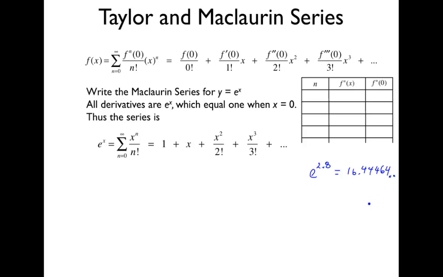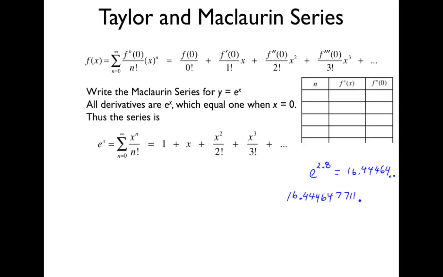So does your calculator have e to the 2.8, that value stored in its memory banks? Then how did it get this? How many more decimal places did it show? 4, 4, 4, 6, 4. 7, 7, 1, 1.